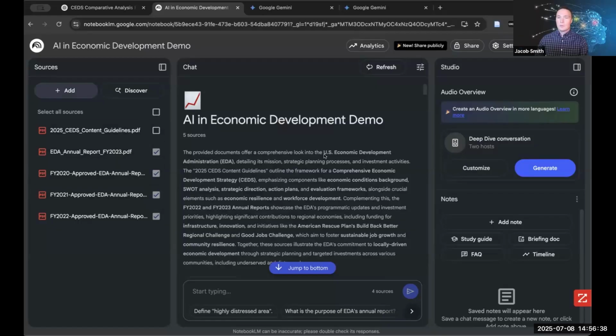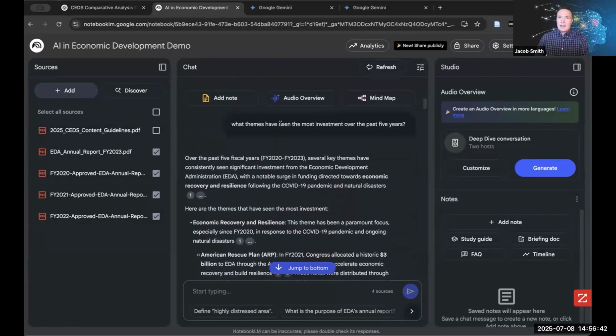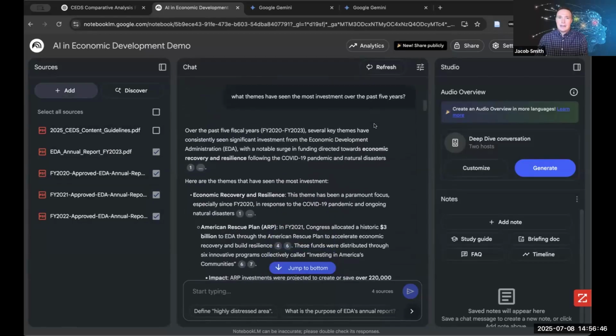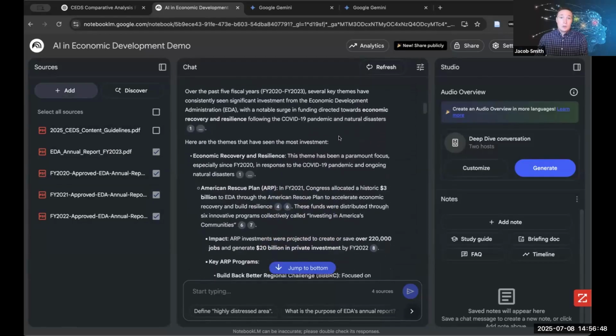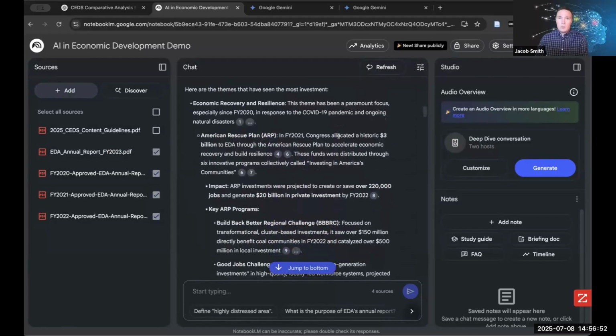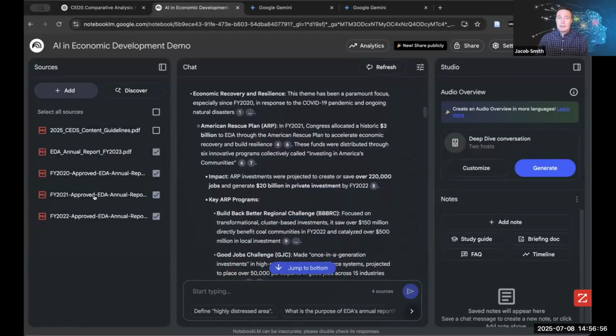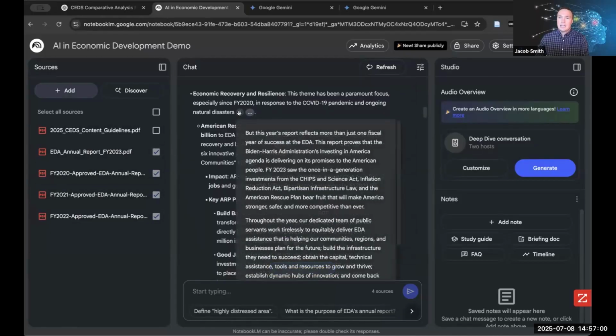From these 4 reports, I was just playing around to give some demo examples. I asked what themes have seen the most investment over the past 5 years. It goes through all of the documents, and it provides an output based on the information provided. It's retrieving that context from these documents, and then it gives you a citation to the specific content.